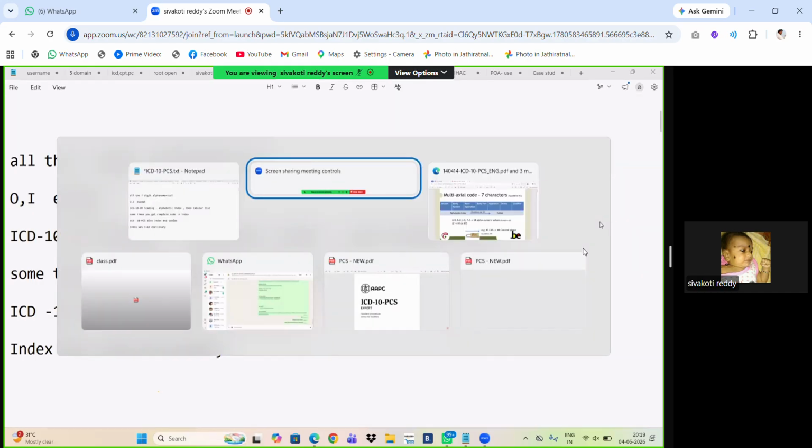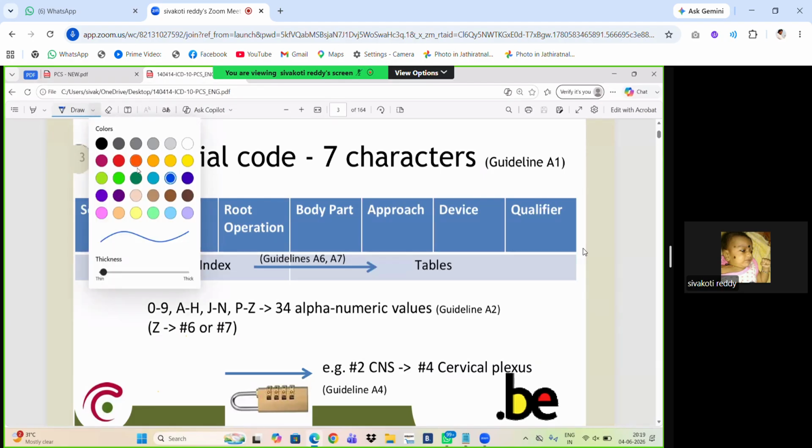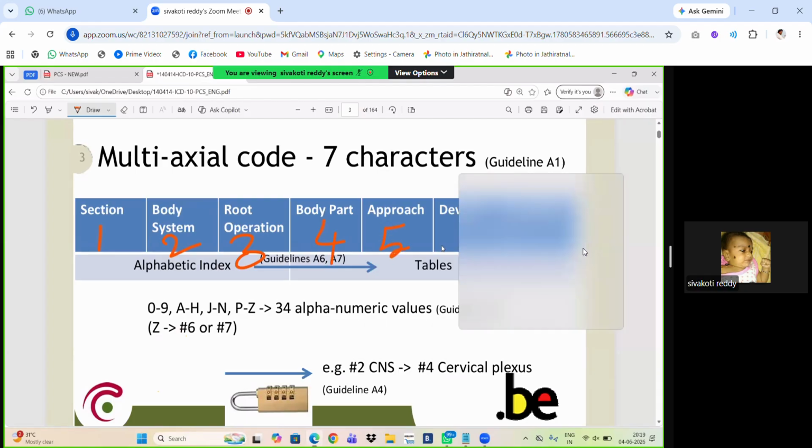First, note down the names of the 7 PCS characters: section, body system, root operation, body part, approach, device, qualifier. These are the 7 digits.